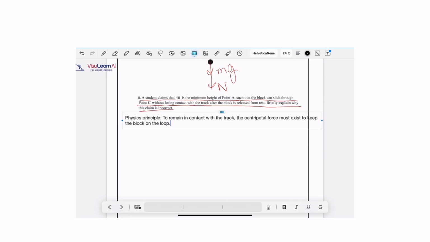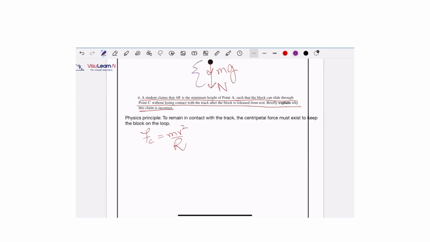It's important to write it down explicitly and to mention the centripetal force. Now, the formula for the centripetal force is mv squared over r. What is the centripetal force composed of? It is actually mg and N added together. So we write down mg plus N equal to mv squared over r.